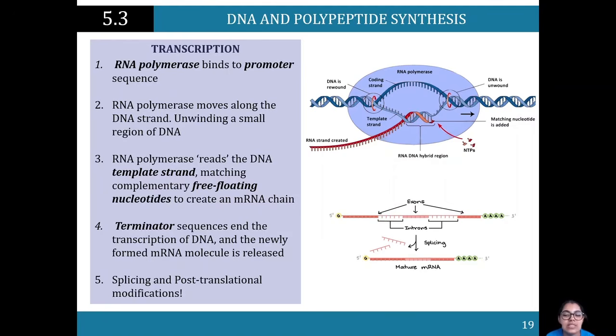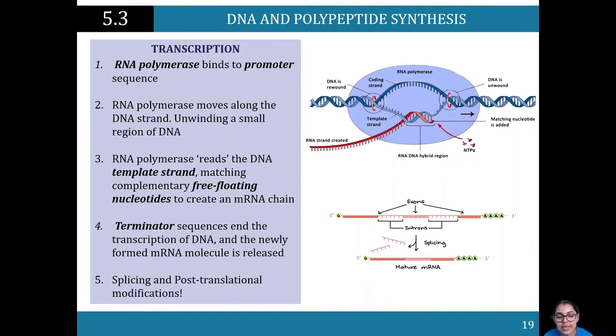And finally, once that is done, we go through a process called post-translational modifications. What that means is we are going to splice out the bits that we don't need. The whole DNA does not code for proteins, because it has other junk sequences as well.